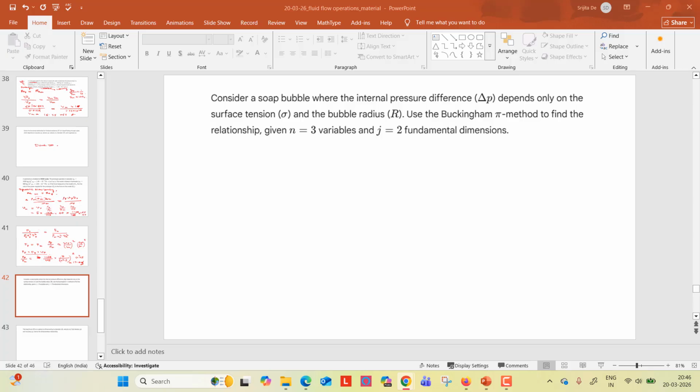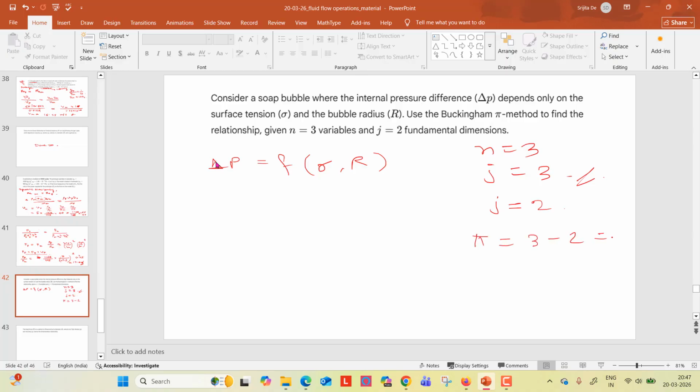So here delta P is a function of sigma and R, right? So n equals 3, j equals 3 also, so it can't happen. So we have to take j equals 2. That means the number of dimensionless numbers will be 3 minus 2 equals 1.